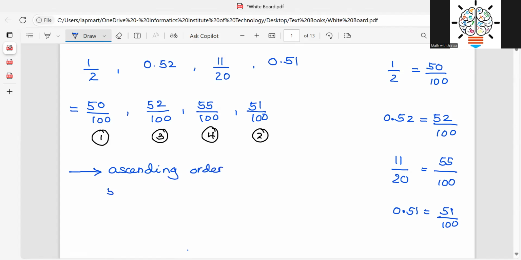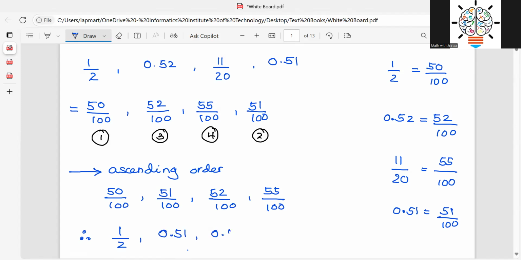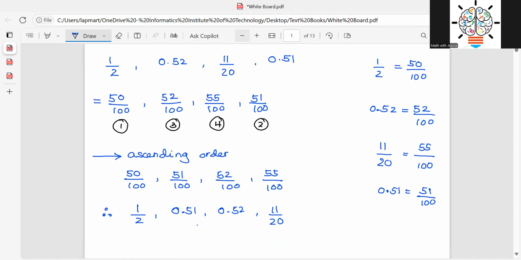I write 50 over 100, then I have 51 over 100, and I have 52 over 100, and I have 55 over 100. Therefore, I can conclude my answer: half, 0.51, 0.52, and 11 over 20, right? So this is how you want to conclude the answer, right?